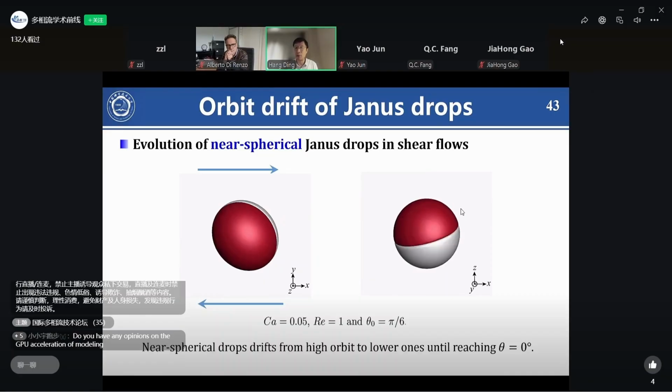You can see it also migrates, but in a very different direction compared to the dumbbell-shaped droplet. That means for this kind of droplet, it drifts from high orbits to low ones until it reaches zeta equals 0. That means depending on the aspect ratio of the droplet at equilibrium, its orbit drifting could have a bifurcation here.